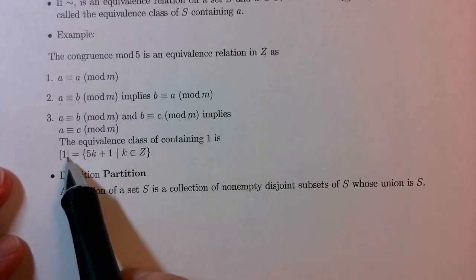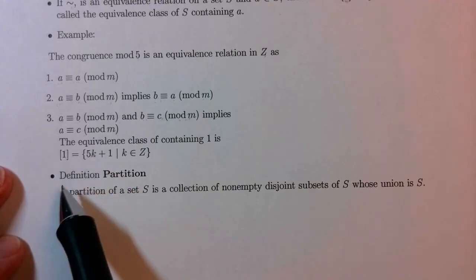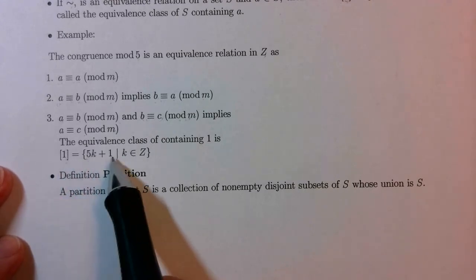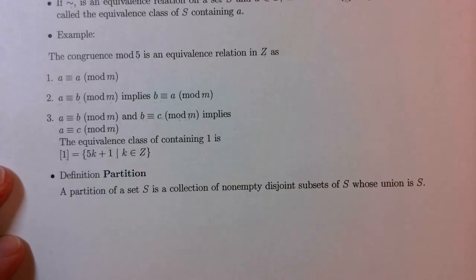The class of 1 consists of all integers that are congruent to 1 mod 5, and one can see that the class of 1 is the set of all integers that can be written in this form, 5k plus 1, where k is any integer.